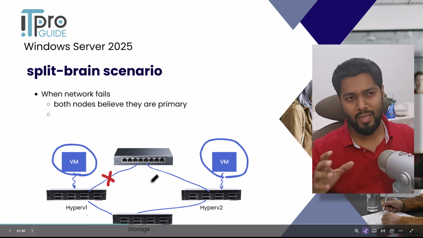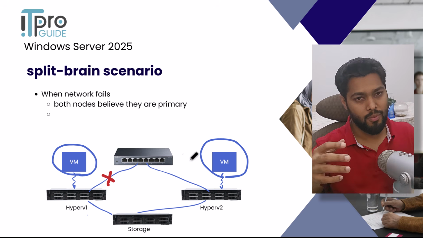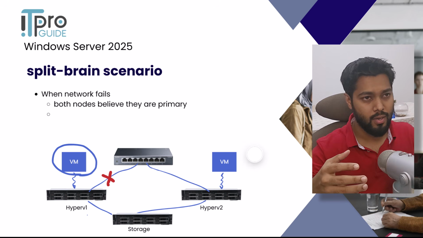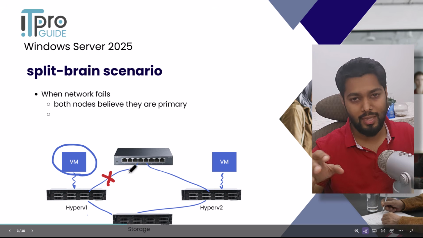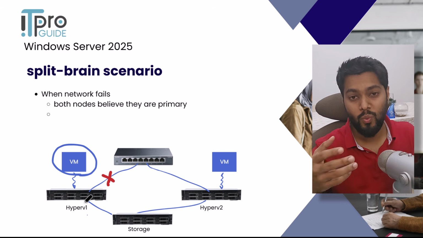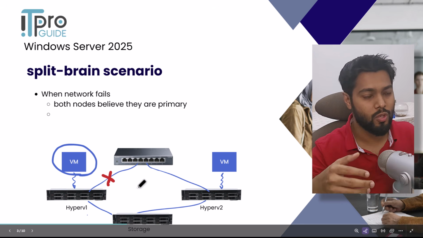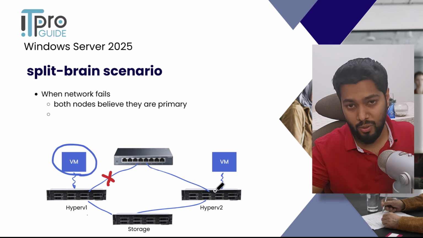So what exactly is a split brain? Let's imagine you have a virtual machine running on Hyper-V1 and suddenly there is a network issue involving the switch that is connecting to the Hyper-V2. In this case, Hyper-V1 doesn't know whether the virtual machine running on Hyper-V2 is available or not, right?